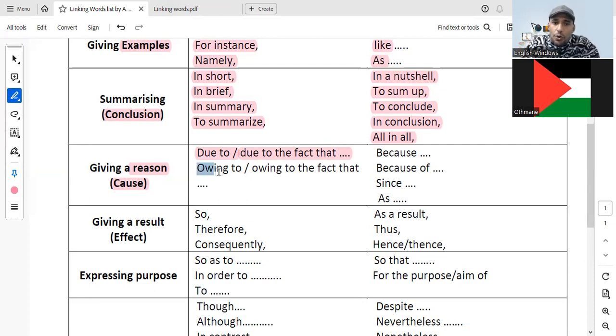Okay, we have here owing to, هي نفسها، نفس المعنى, owing to نظرا لي بسبب كذا, ولا owing to the fact that, right? And then we have again because, وهي الأكثر استعمالا. We say many people die because of tobacco or because of smoking, right? And again we have because of, right?